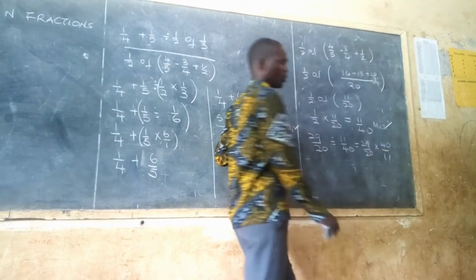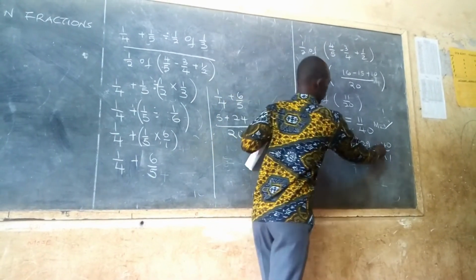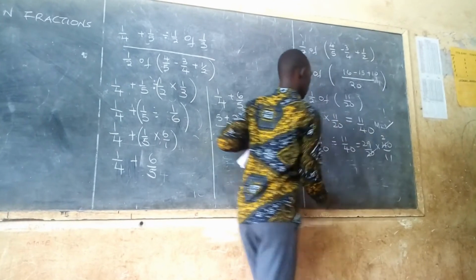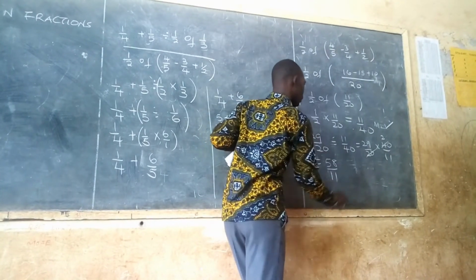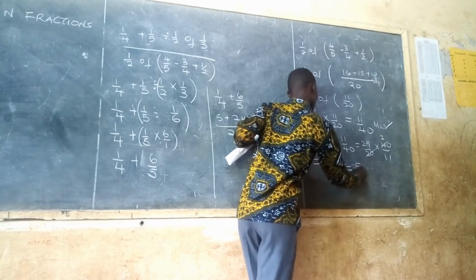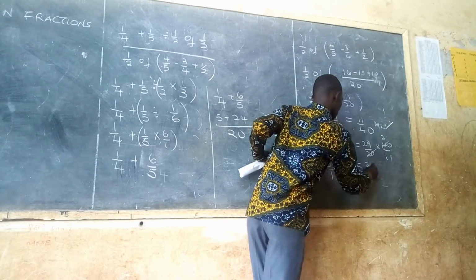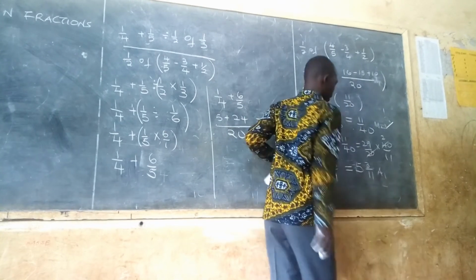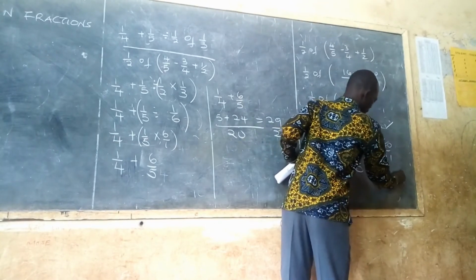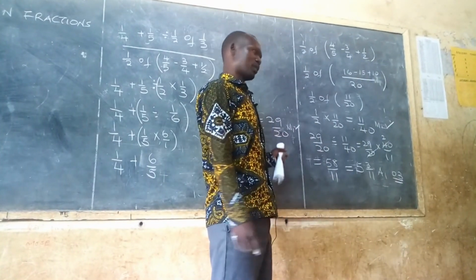You can see why I told you do not need to struggle to simplify, because we can then cancel. At the end of the day, we have 58 over 11, which is going to be 5 and 3 over 11 as our final value. That will give you the 3 marks that I decided with this particular.